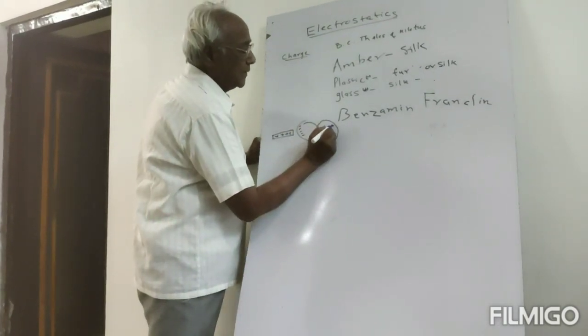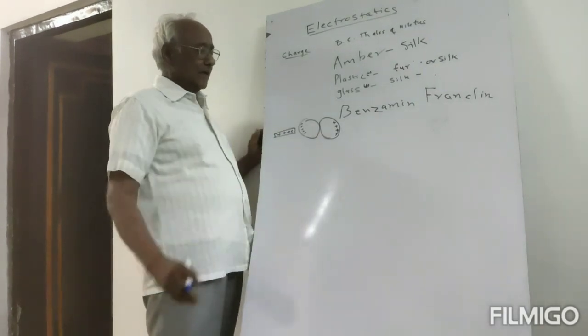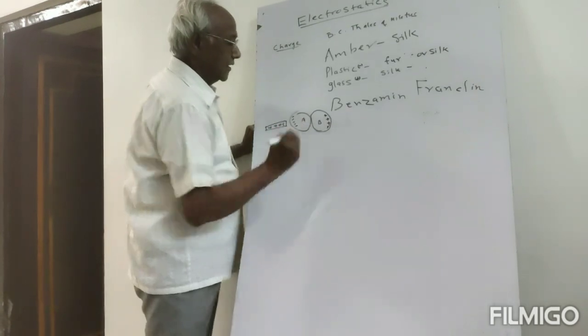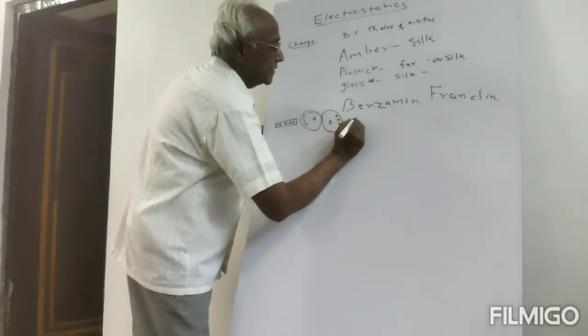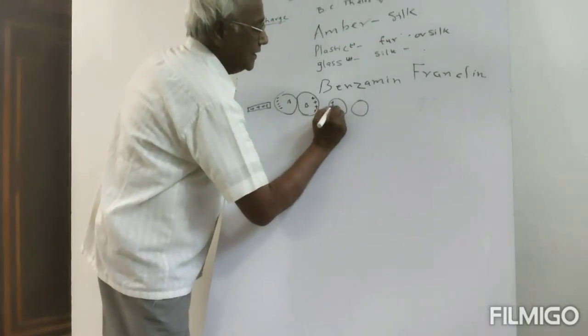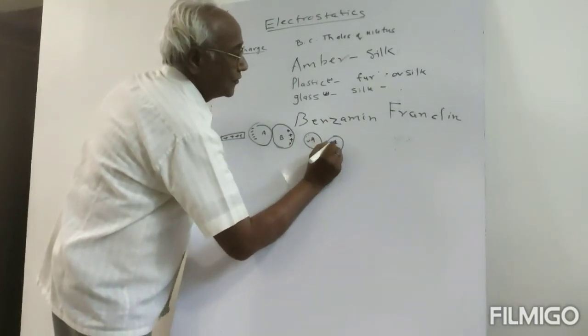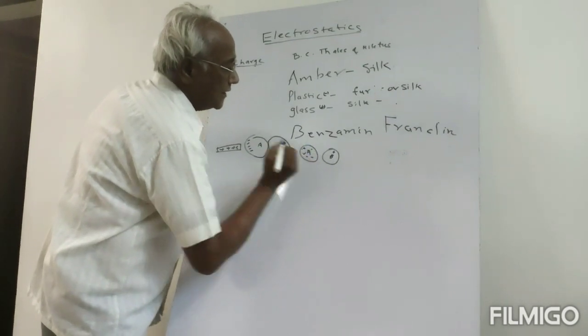So there will be an excess of positive charge in the B sphere and an excess of electrons in the A. Now if we make some distance between A and B, then positive charge will be in B and negative charge will be in A.